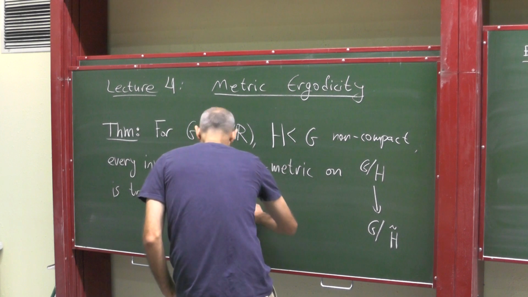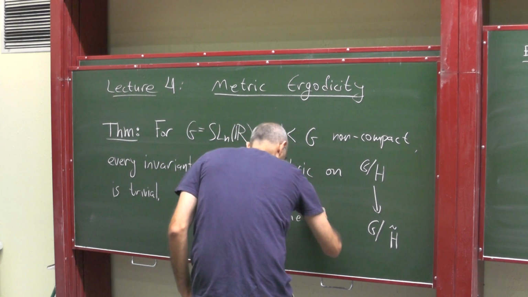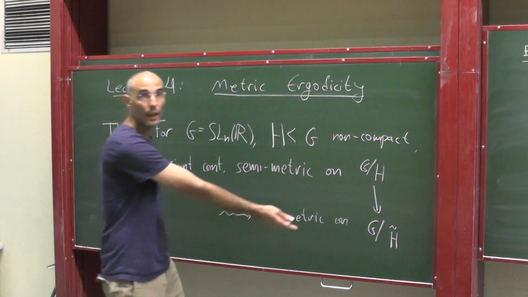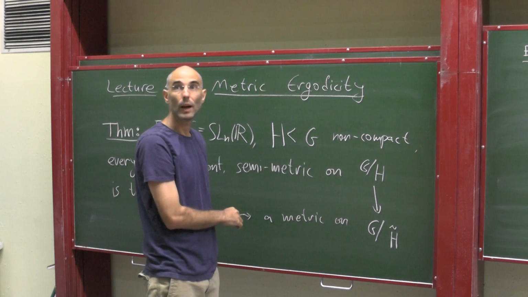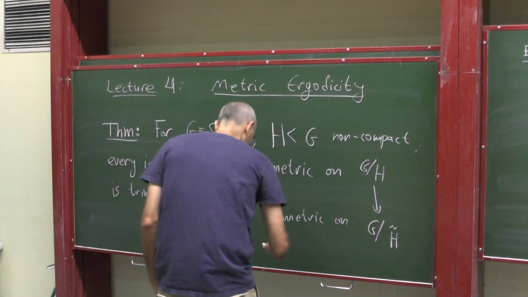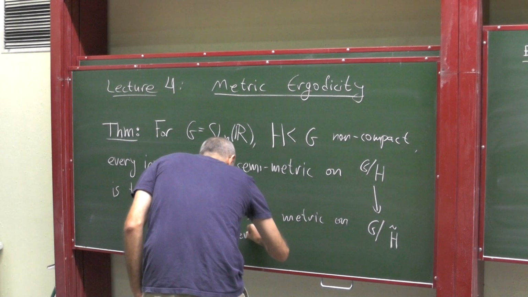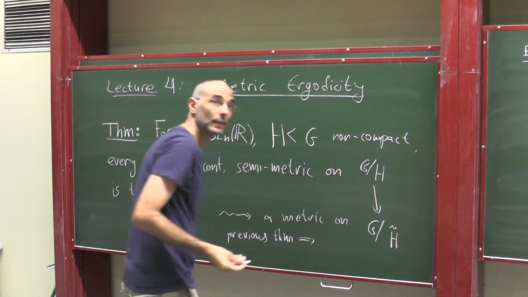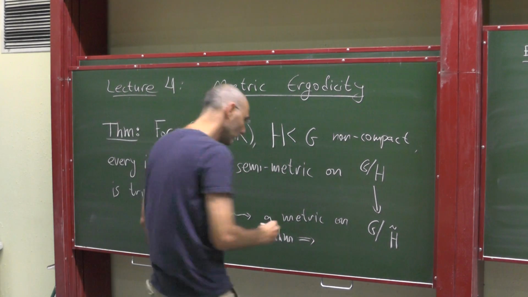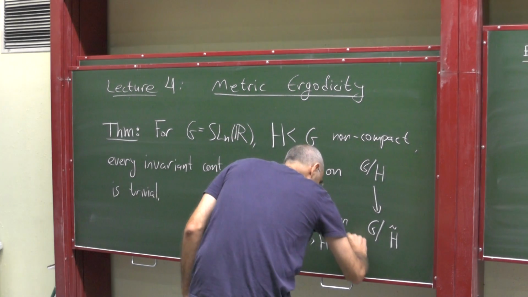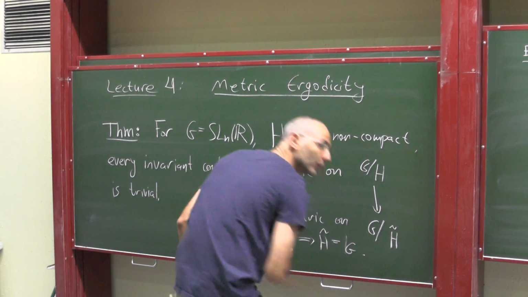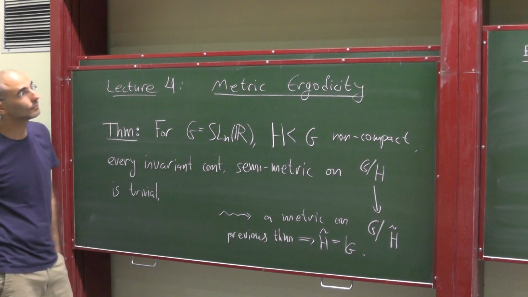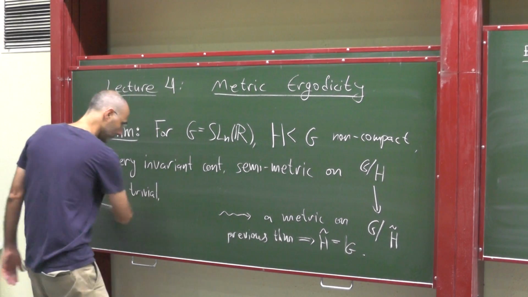This gives an actual metric on G mod H tilde. H tilde will be a closed, non-compact subgroup in G. So the previous theorem, compactness of stabilizer unless there is a fixed point, will imply that H tilde is G. Is that argument clear? Excellent.